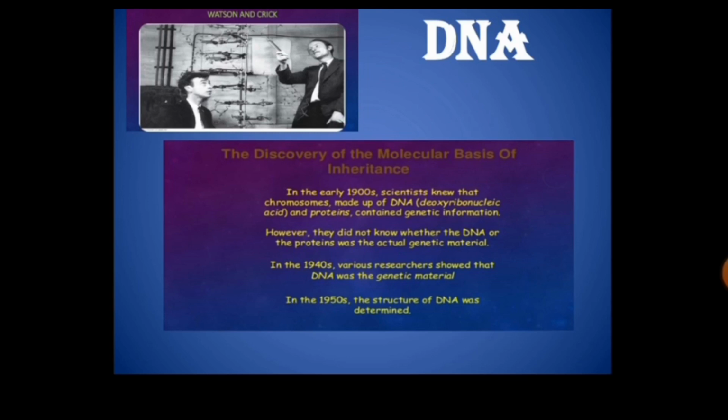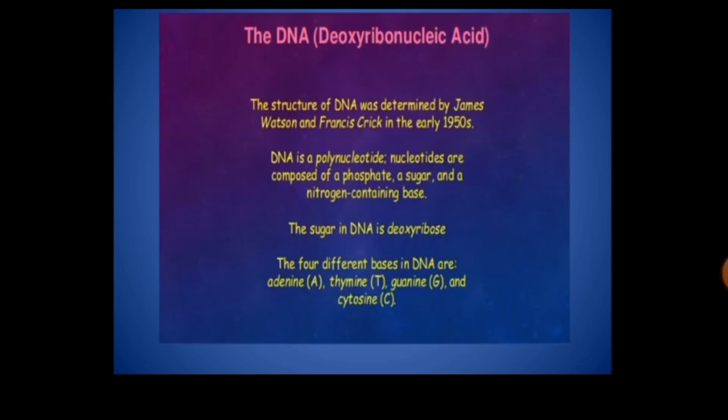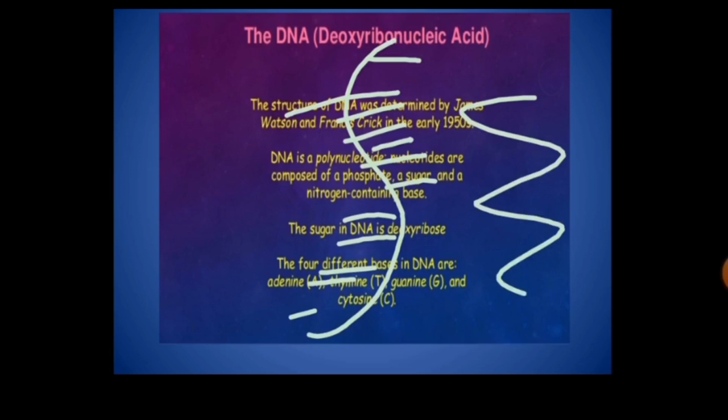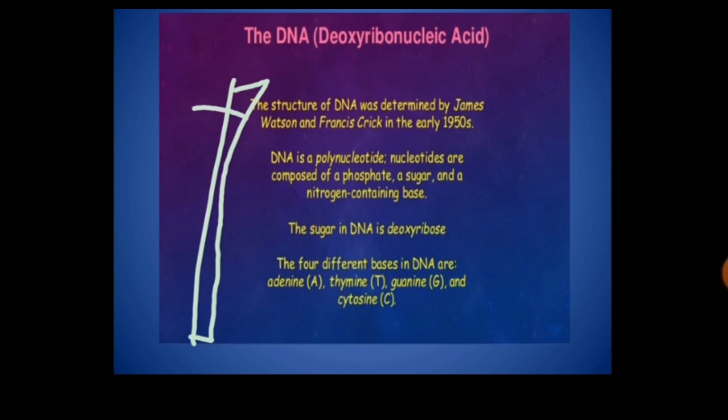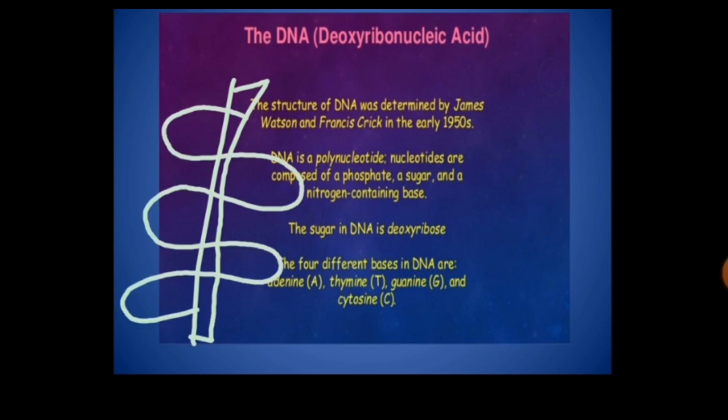Anything which is wrapped around each other, coiled around an axis, is known as a helical structure. If you have a rod-like structure and you wrap a ribbon around it, then you say that a helix is formed. So we say that DNA is a double helical structure.